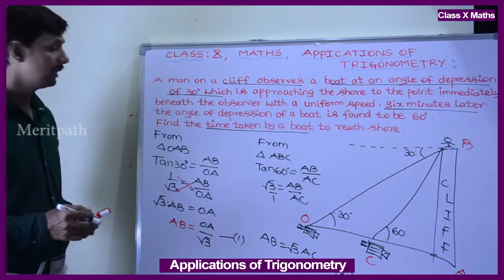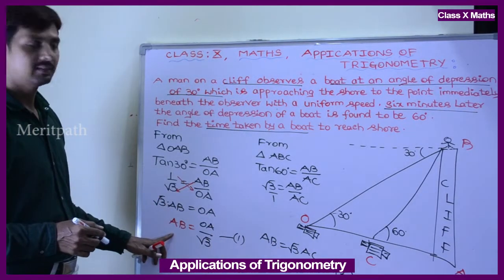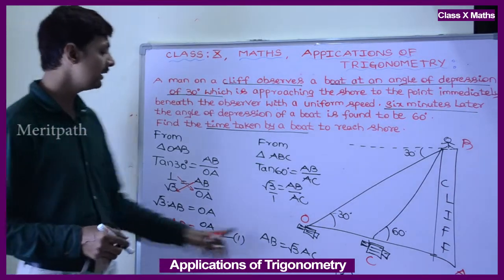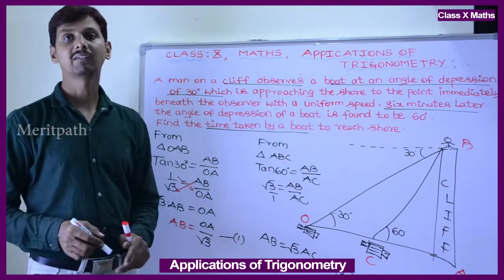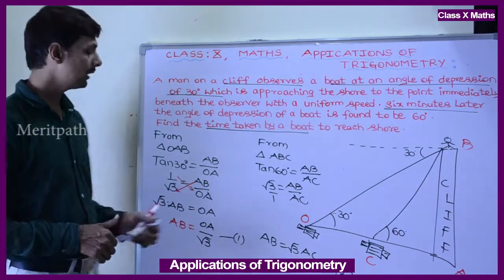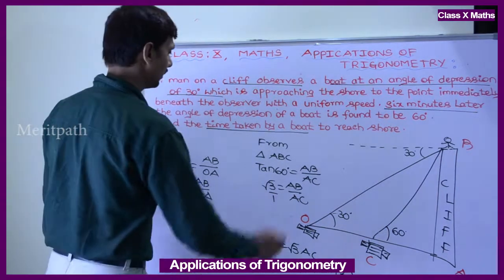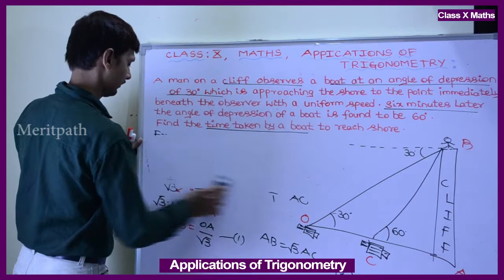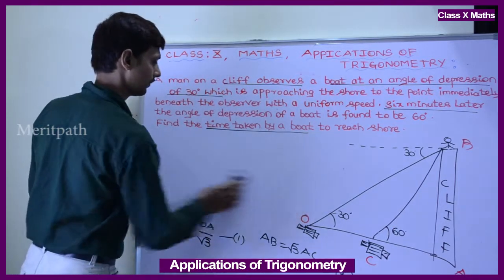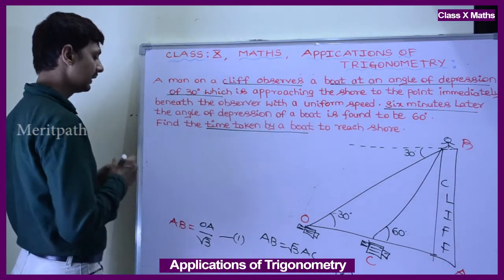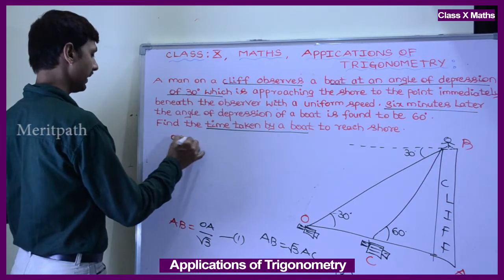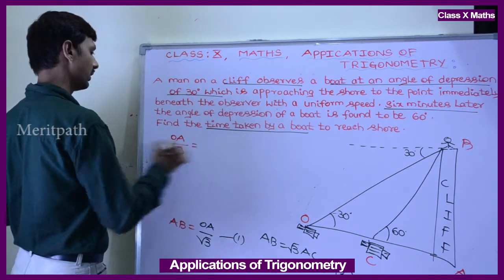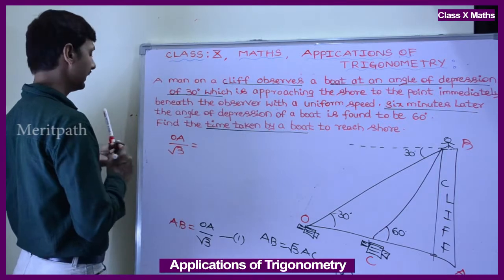We know that the height of the cliff is a constant value, so AB in the first and second equations are equal, and we can equate them. So OA by root 3 is equal to root 3 AC.